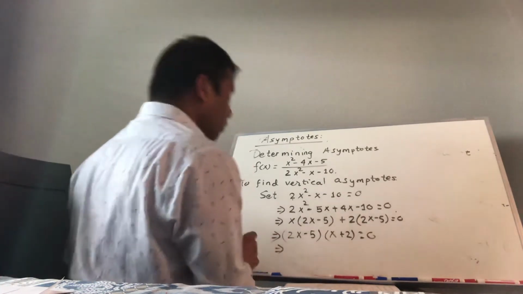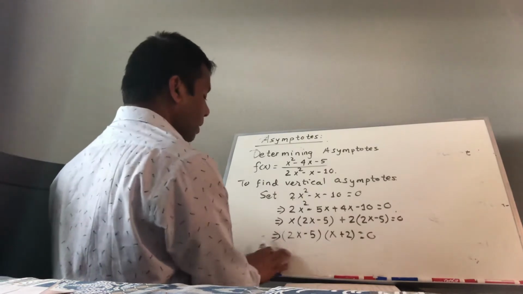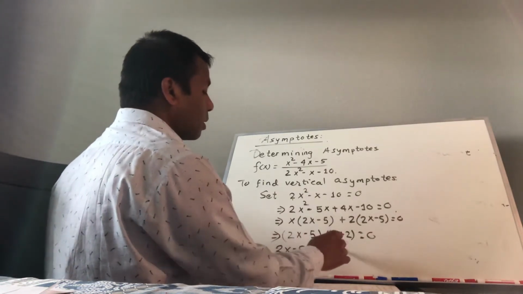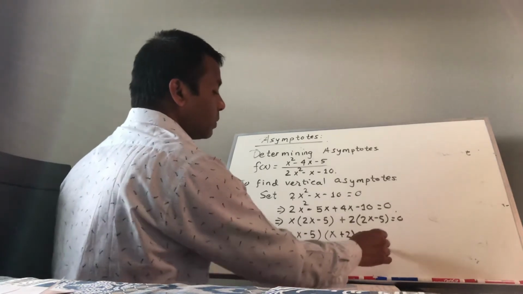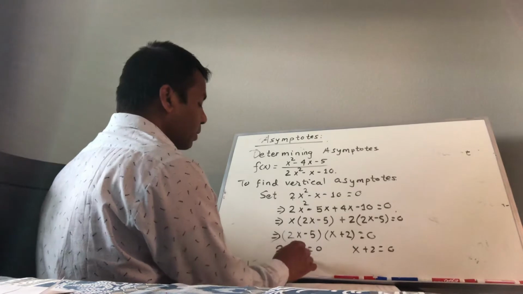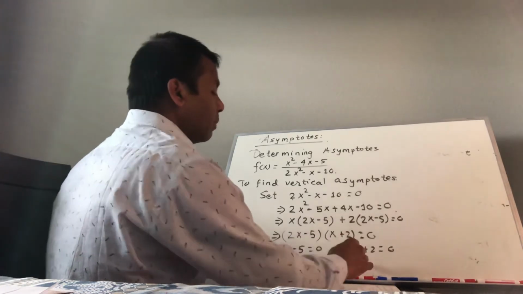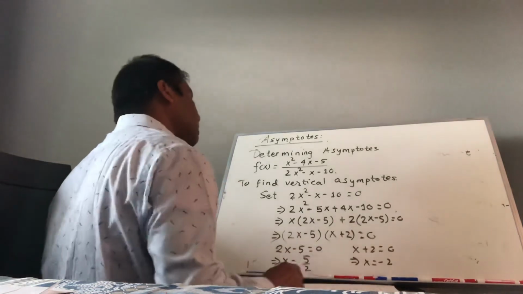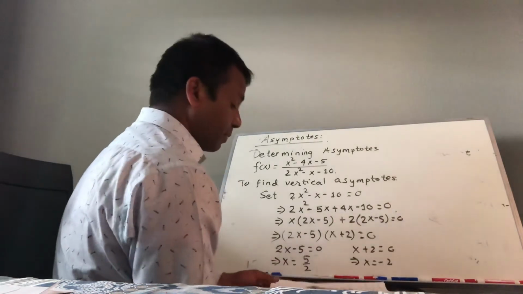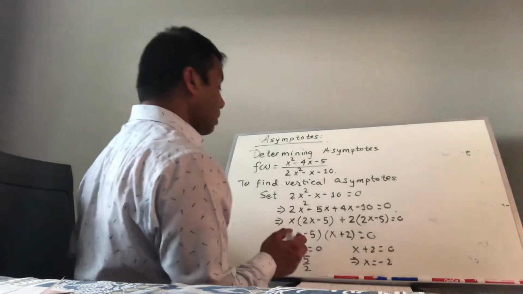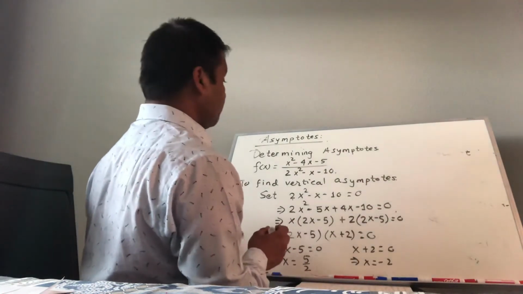Now you use the zero factor property. That will give you 2x minus 5 equals 0, or x plus 2 equals 0. So solving for x, x equals 5/2, and x equals negative 2. These are the vertical asymptotes.